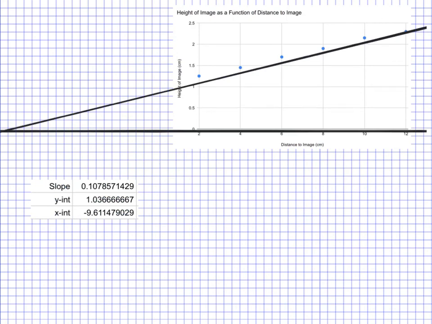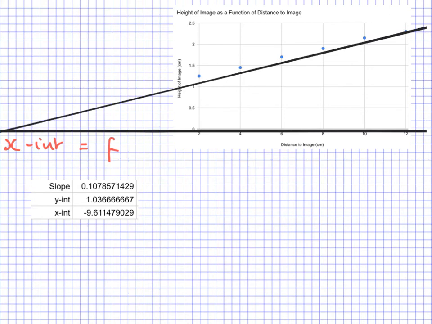Okay, so when we analyze the data, here's our graph, our original data plugged into a graph. I just chucked in a line of best fit here so we can see it intersecting here with the x-axis. This is the x-intercept, which we've already sort of shown, because this graph essentially matches the geometry of our diagram, this x-intercept is the focal length.